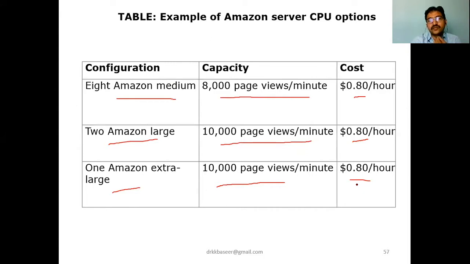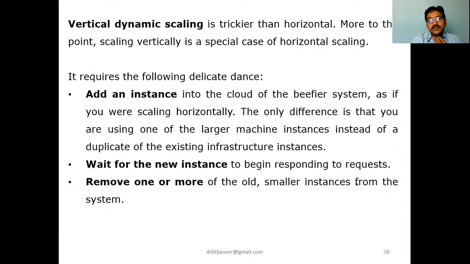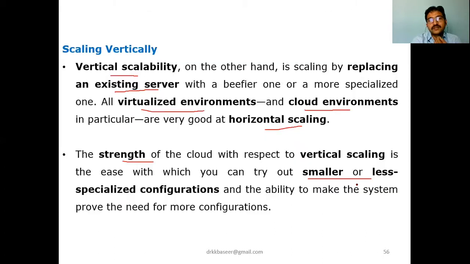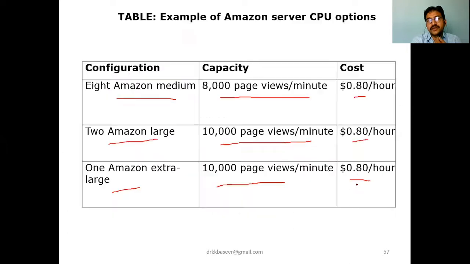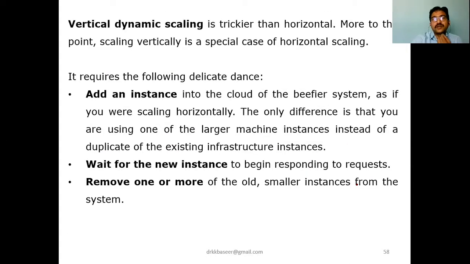This is how we can be configured, how we can purchase different memberships. Right. As a continuation, when you go for vertical dynamic scaling, please make sure that you add an instance and wait for the new instance, or remove one or more instances. So in the scaling factor we have focused on vertical scalability, with an example. The second way is vertical dynamic scaling.